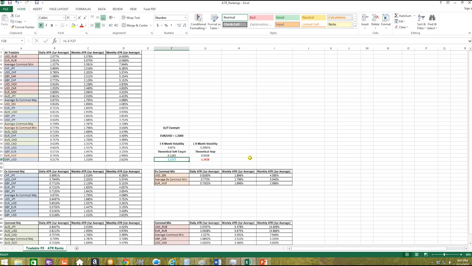And then when we do increase it to a full position size, we look at our 1-month ATR and go through this exercise again and come to the conclusion of what our new hard stop loss is going to be, and our new soft target is going to be, before we even add to the position and roll our stop loss.